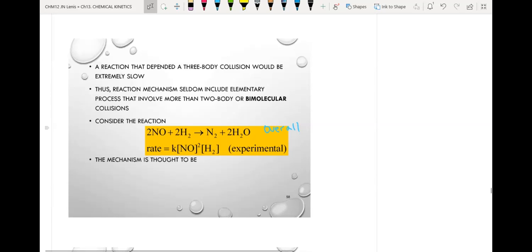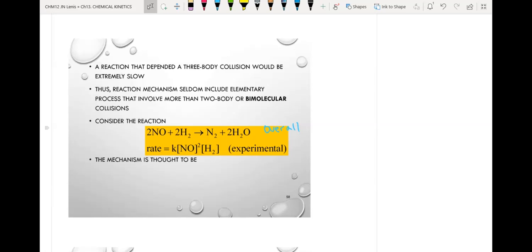Very valuable information. But it's also telling you something else, the molecularity of the reaction. Second order reaction with respect to NO, that means it makes bimolecular collisions. So the molecularity is 2.